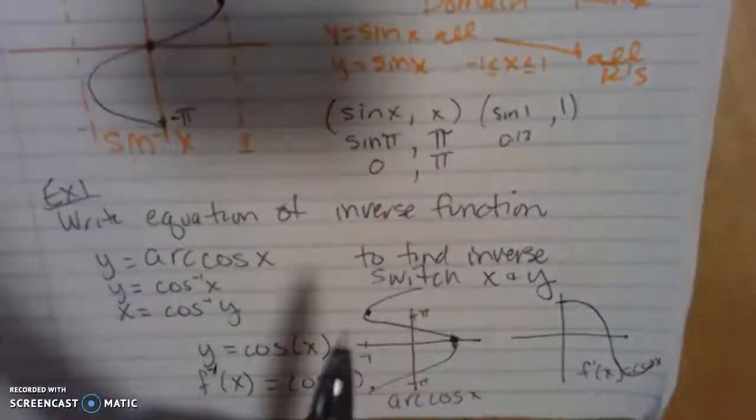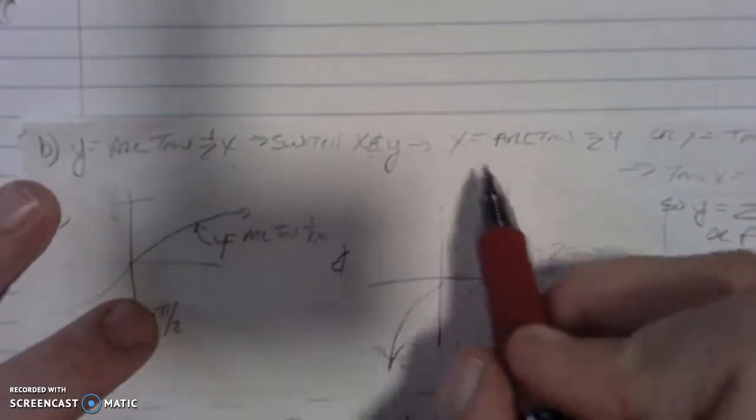All right, a couple more examples. Hopefully I can get this one done in one video. What if I just use Mr. Early's notes then? Okay, we have arctangent of 1/2. Again, we're going to switch the x and the y. So x equals inverse tangent of 1/2 y, which I can change to tangent x equals 1/2 y.